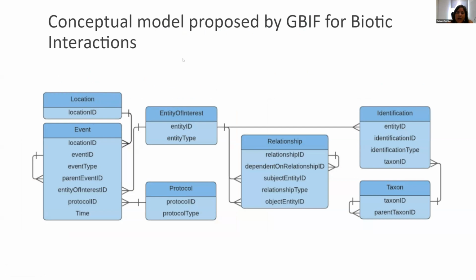So we are seeing much similarity and convergence between our approach and the approach by GBIF. And we are going to explore both approaches, hopefully converging to a proposal in this next phase, that is the pilot phase that's starting now.